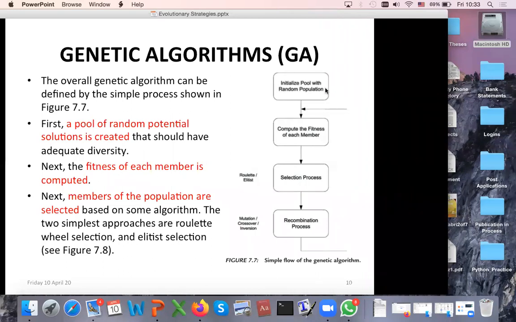So this is one approach, and the other approach is that you get new members and place them in the population directly at that time. So this is up to you actually, but these are the basic 4 steps involved in genetic algorithm, and this is the explanation of these steps which I already explained to you.